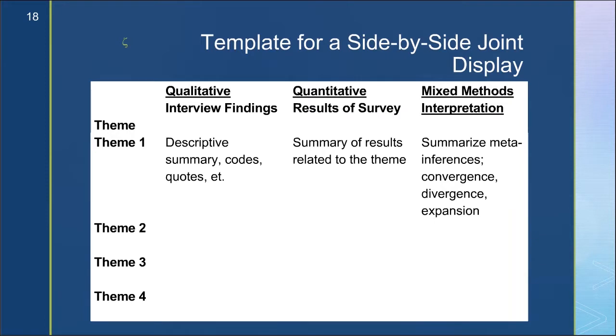There is kind of, I don't know if they call it a joint display necessarily, but a different table that you might look at we call an implementation matrix, and that's more where you're walking through phase by phase of your research, quantitative, qualitative, and mixed, and giving a little bit more detail in terms of what the data sources are, how you might analyze it, and then really, what's the end goal of that phase.